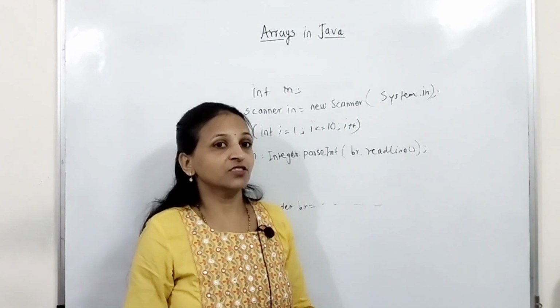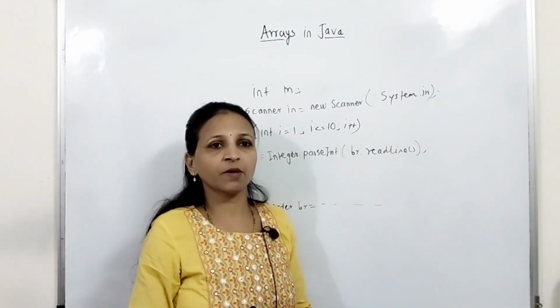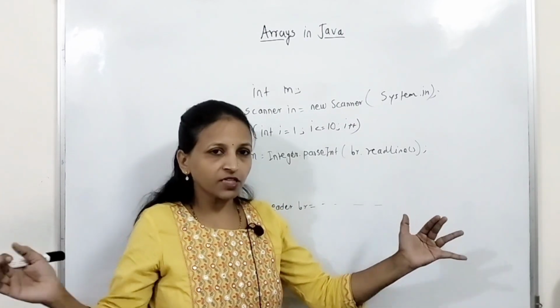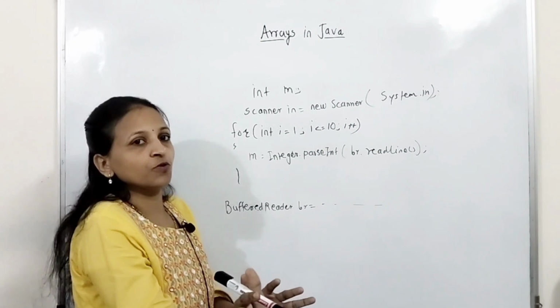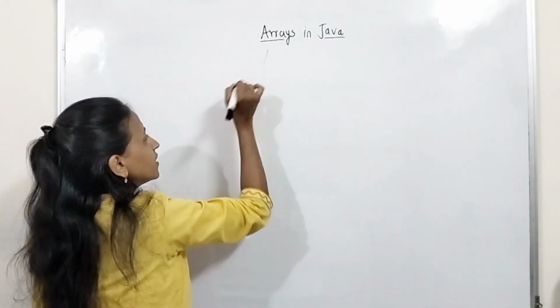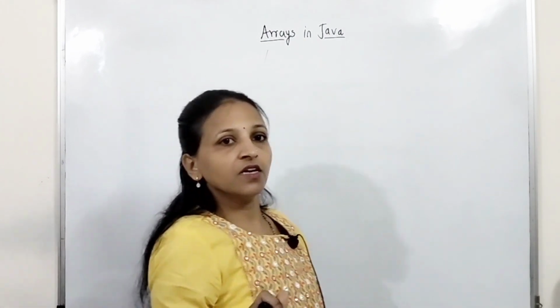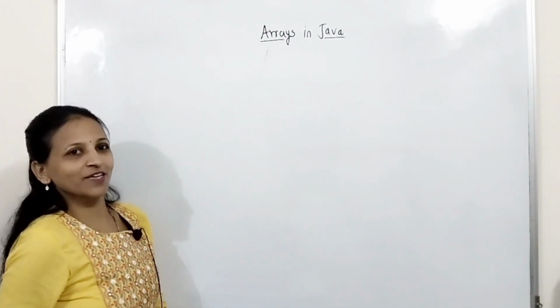And one more point is, those are stored contiguously in memory. All those elements will be stored in one group in memory also. Now what is that exactly? Everything I am going to explain.